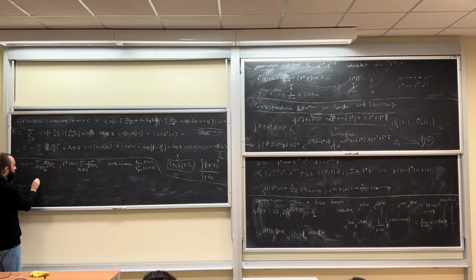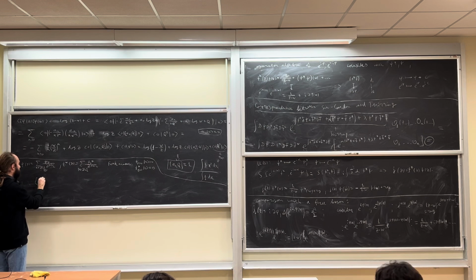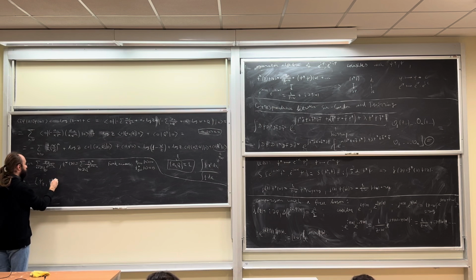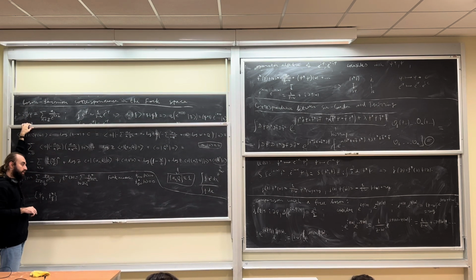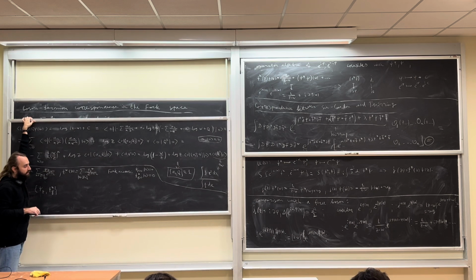Actually, we need to compute anti-commutation relations between the psi's and psi stars. By the way, can you tell this anti-commutation relation from the OPE of psi and psi star?